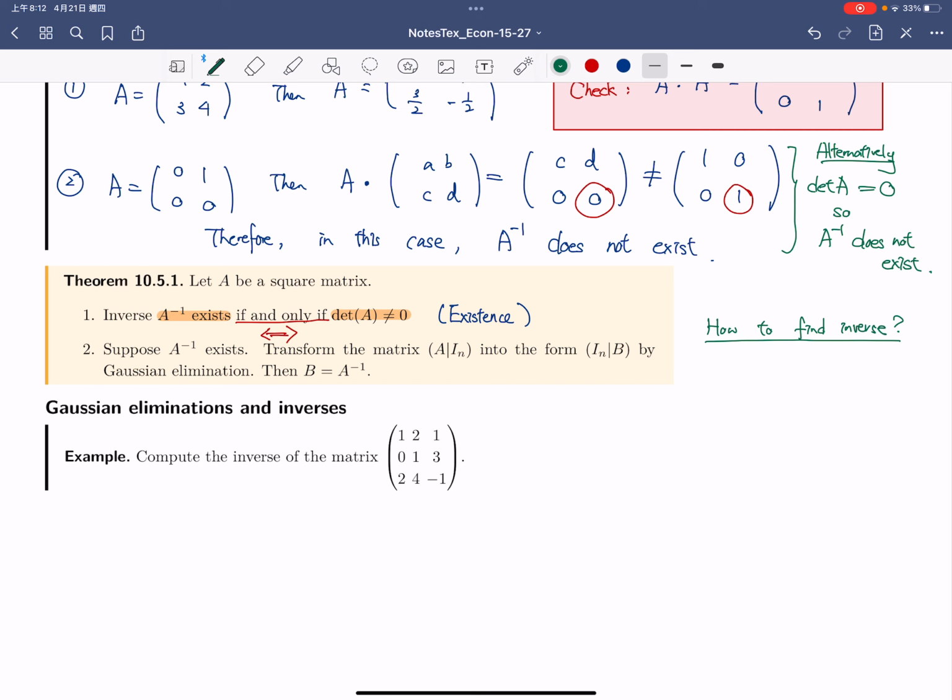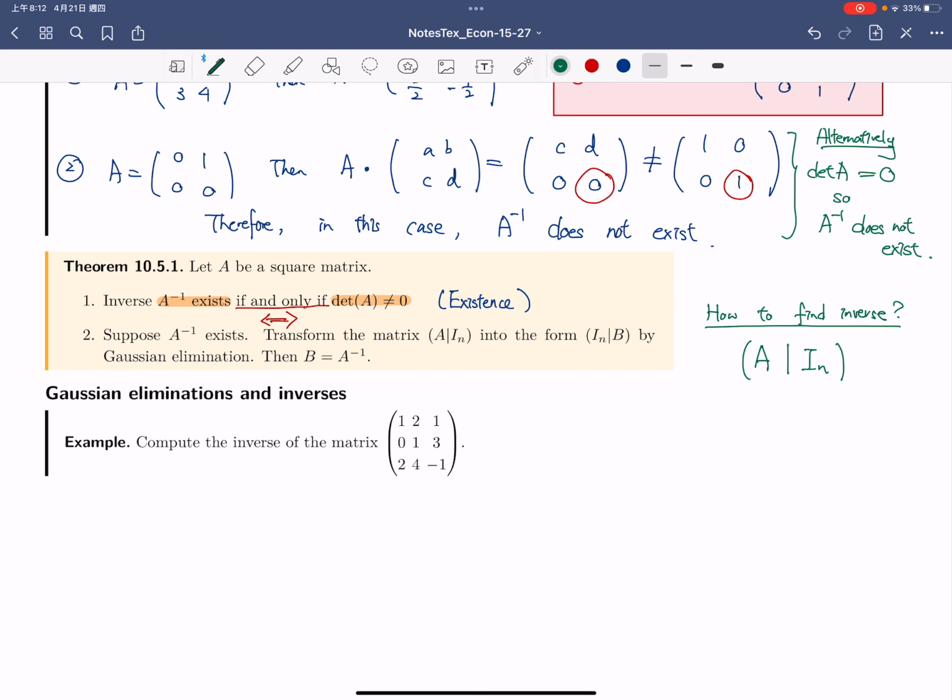But how do we find it? By Gaussian elimination. Suppose I have a matrix A and I want to find A inverse. Firstly, I insert an identity matrix next to it. Then I use Gaussian elimination to transform this matrix into the form with the identity on the left-hand side. What you get on the right would be A inverse.